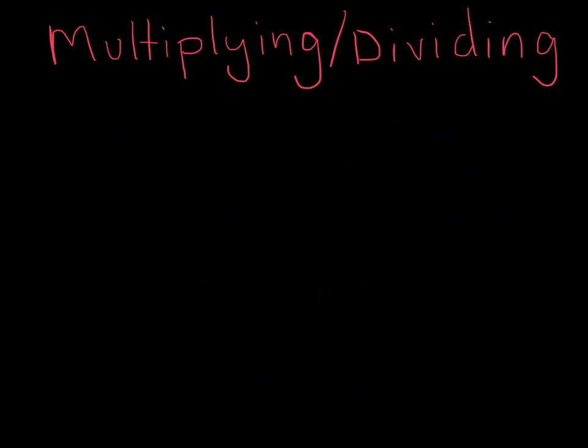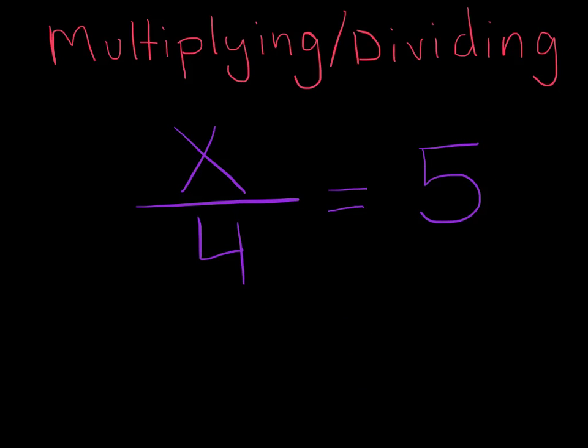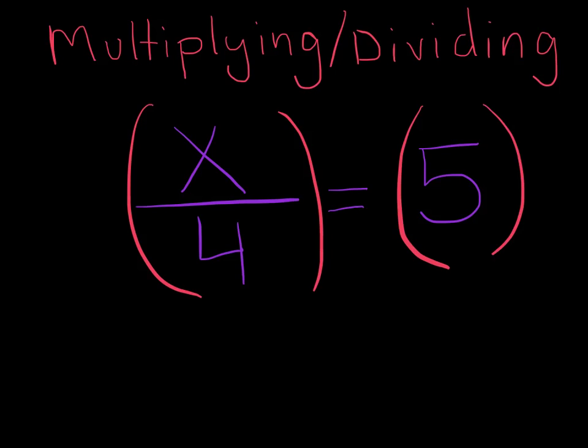Also, if you were dividing, let's say I have x divided by 4 equals 5. Here I'm dividing by 4. In order to figure out what x is, I will have to do the inverse operation, and the inverse of division is multiplication. I'm going to put this in parentheses because we know that parentheses mean to multiply.